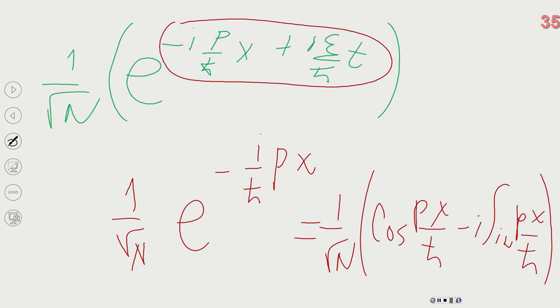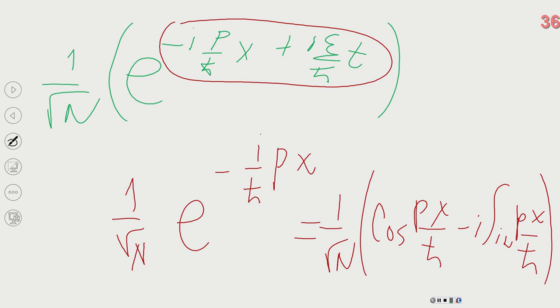So it is a set of fringes of the same amplitude distributed equivalently among all space from plus to minus infinity. It's plus or minus i sine px over h bar.